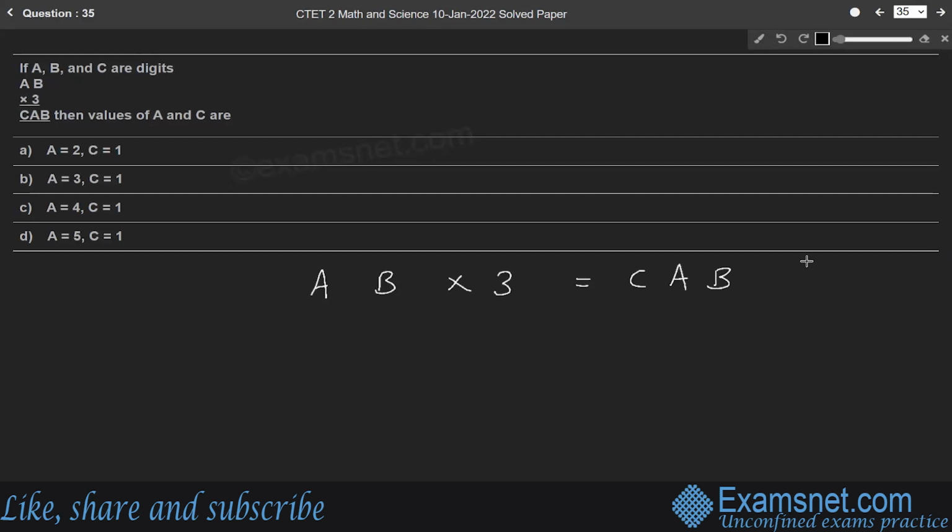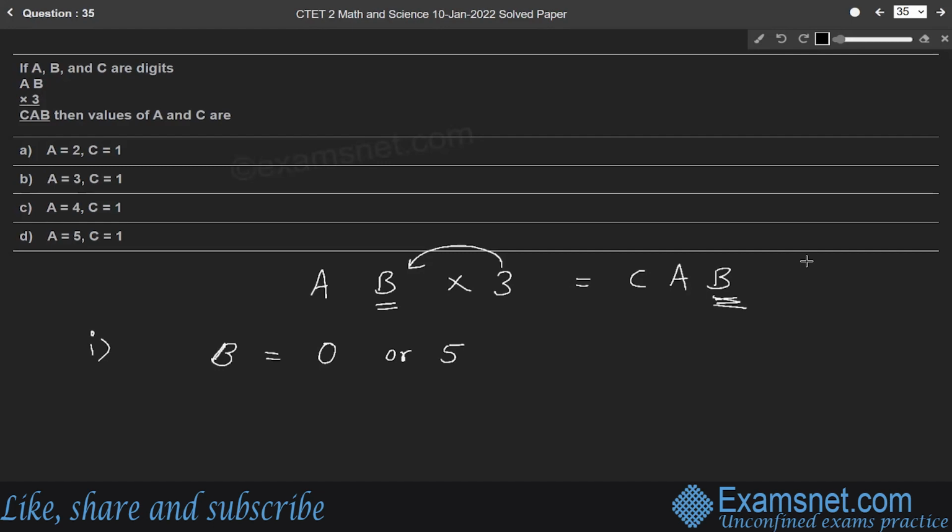So, in this equation, the first step is 3 is multiplied by B. So, the number ends with B. In order to get the product that ends with B only, the possible values of B are 0 or 5.